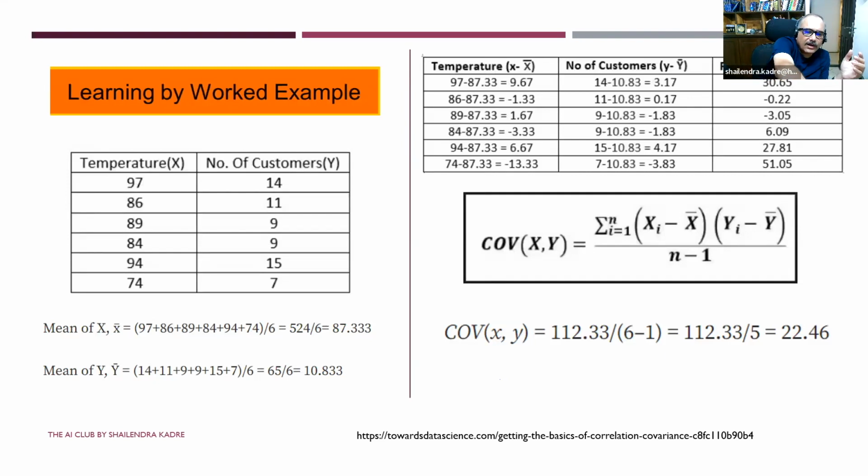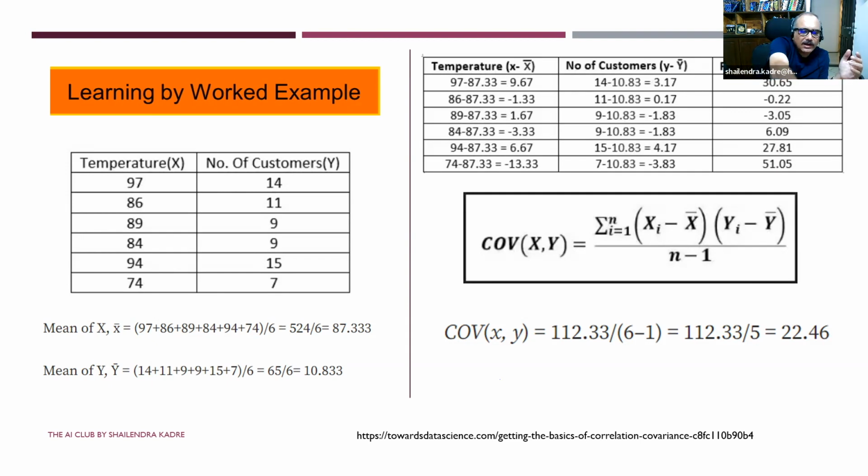So it is in Fahrenheit. 74 degrees Fahrenheit is generally the lower side of temperature, maybe 18 degrees centigrade or something. 97, everybody knows is your body temperature.